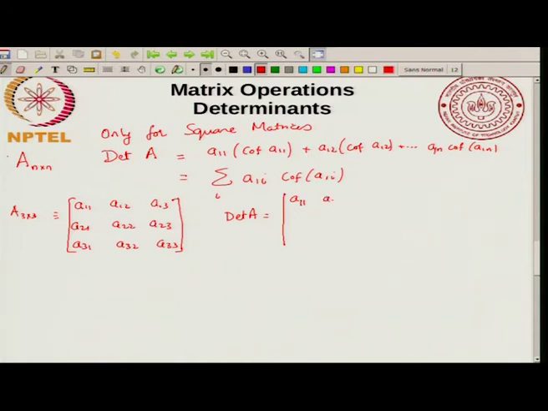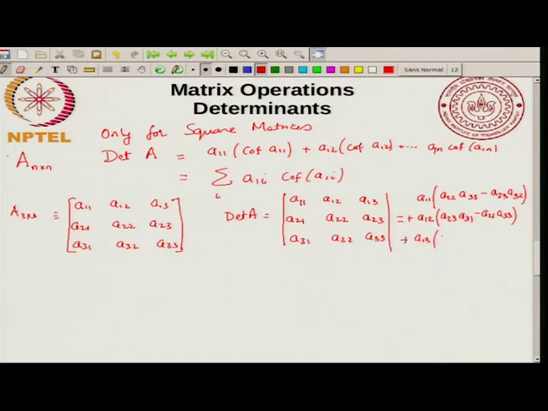A11, A12, A13, A21, A22, A23, A31, A32, A33, and this is equal to, I'll write it in 3 lines here: A11 times (A22 into A33 minus A23 into A32), plus A12 into (A23 into A31 minus A21 into A33), plus A13 into (A21 A32 minus A31 A22).